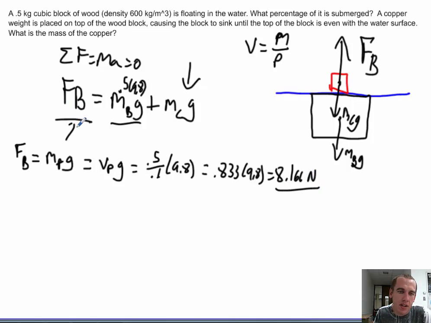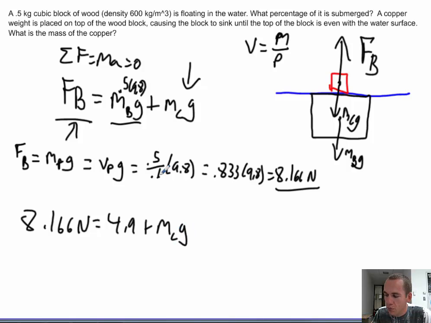So that means I can plug that in right there. 8.1666 newtons equals 4.9 plus m_c times g. So minus the 4.9 from that: 8.166666 minus 4.9, and then divide by g, 9.8, and we get a mass of 0.33333 kilograms.